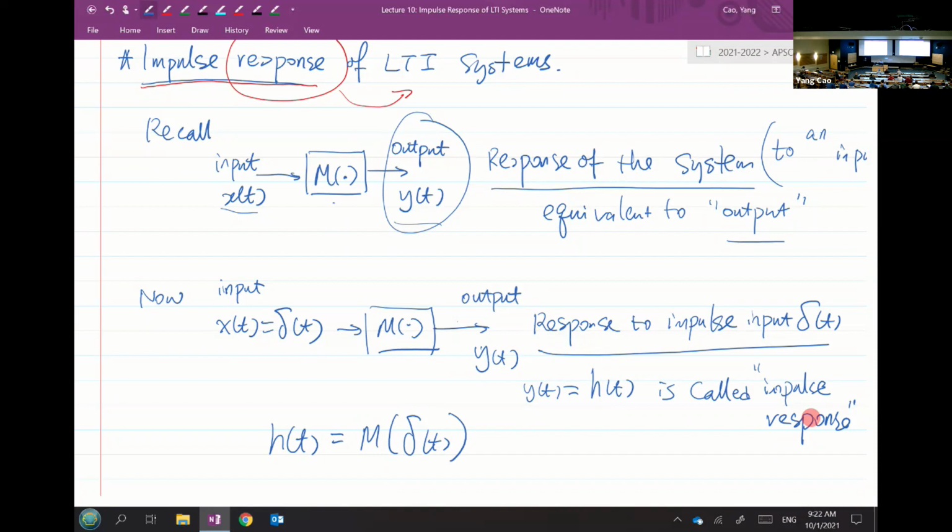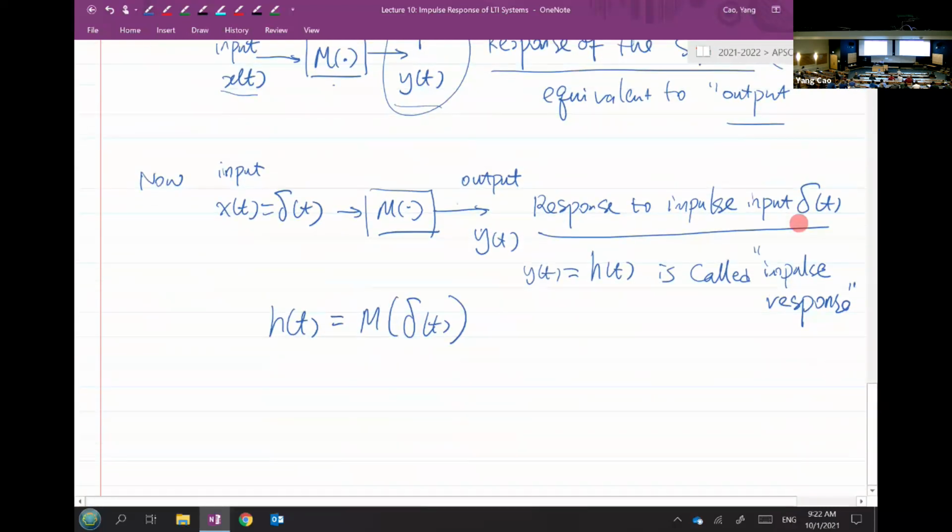Now, before I write down the next important theorem, we can think about the question: how do we obtain this impulse response?